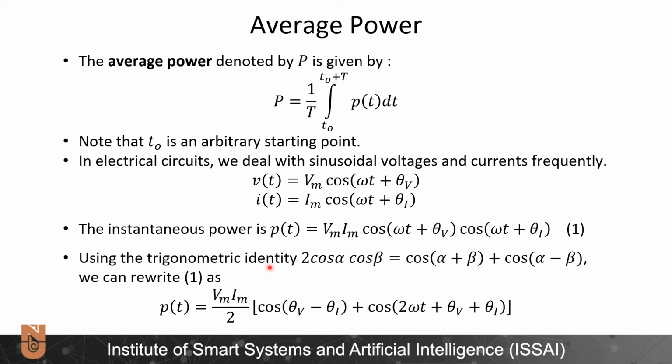Now, if we use the trigonometric identity, 2 times cosine alpha times cosine beta is equal to cosine(alpha plus beta) plus cosine(alpha minus beta), we can write this instantaneous power equation 1 as p(t) is equal to Vm times Im divided by 2 times, in parentheses, cosine(theta v minus theta i) plus cosine(2 omega t plus theta v plus theta i).